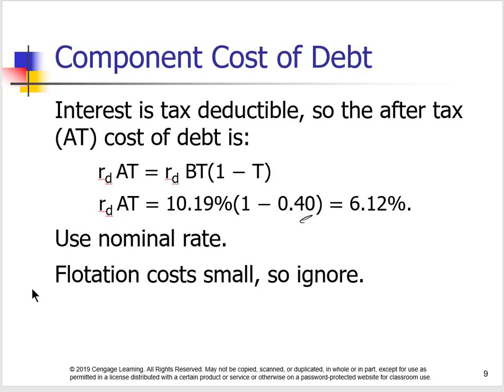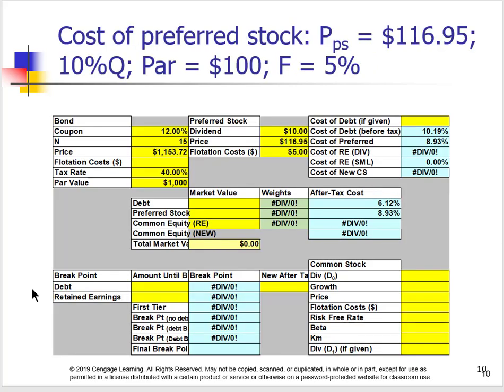I'm sorry, it should be around 8% right now. But of course, if they change the tax from 20% to 30%, then obviously the after-tax cost is going to go down because the government would be subsidizing more of that cost. So as the tax rate changes, the after-tax cost obviously changes for the company.